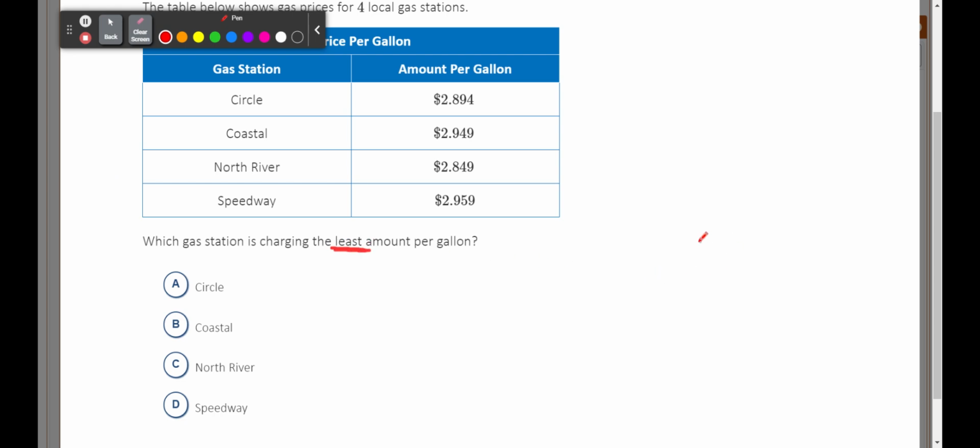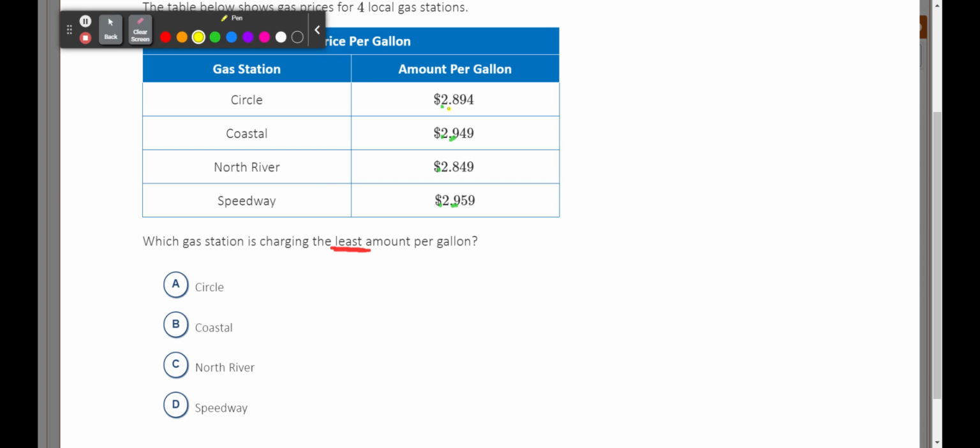All right, so we've got our 4 numbers here. We're going to go left to right until they're different. Now they all have 2, so they're all the same there. Let's go to the next one. Now, 2 of these numbers have 9s, and 2 of these numbers have 8s in the tenths spot.